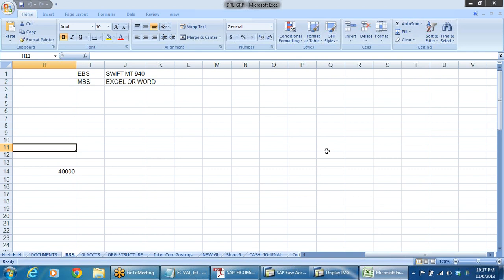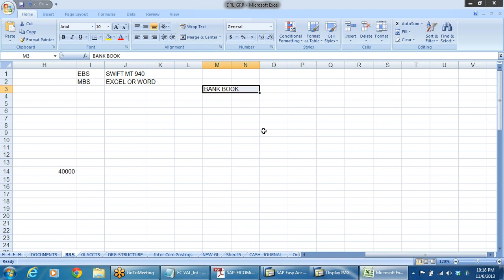At the same time, now there is a bank statement, right? See, this is my bank book. Bank book is nothing but, don't think that it is maintained by the bank. Bank book is the bank transactions maintained by the company itself.